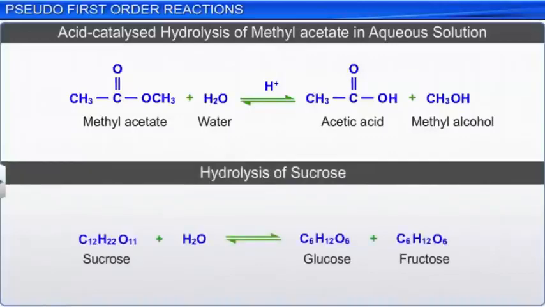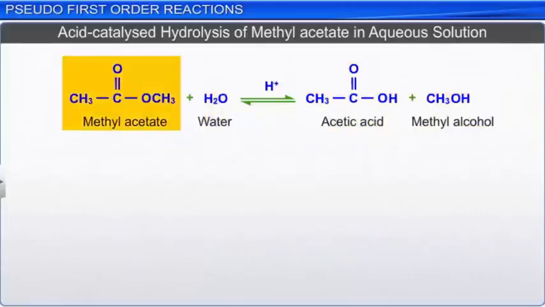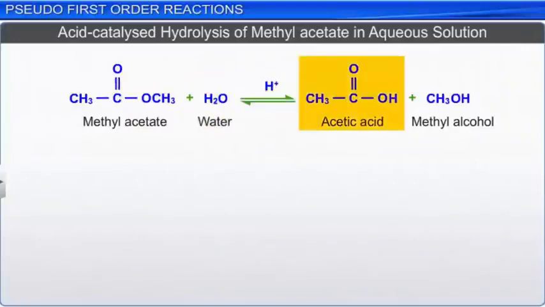Let us now understand pseudo-first-order reactions better by considering the acid-catalyzed hydrolysis of methyl acetate in an aqueous solution. Methyl acetate undergoes acidic hydrolysis to form acetic acid and methyl alcohol, as represented by the equation here.